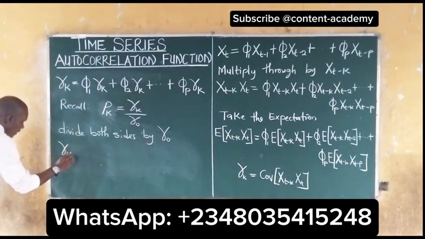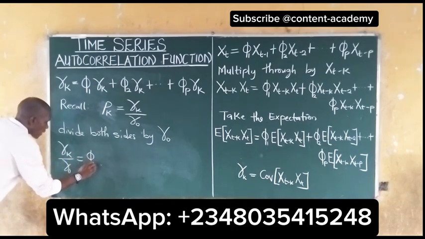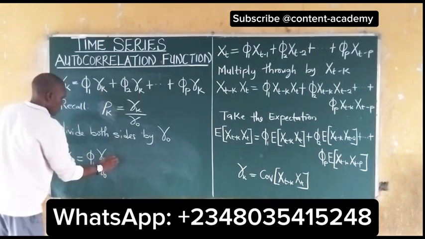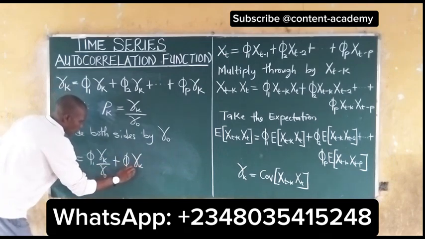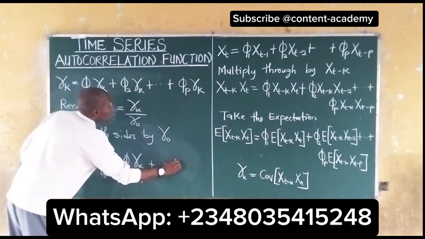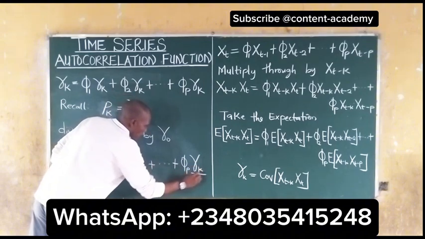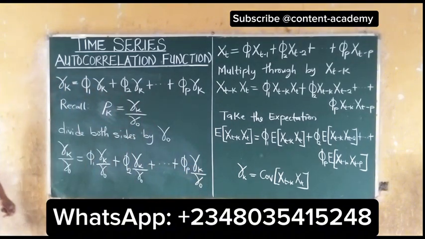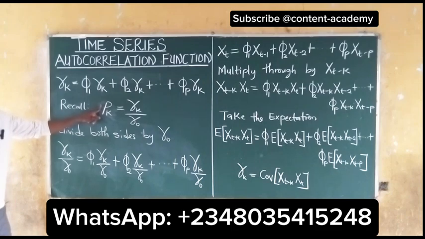We have R_k over R naught equal to phi1 R_{k-1} over R naught plus phi2 R_{k-2} over R naught, and it continues to phi_p R_{k-p} over R naught. Of course, we know that each R_k over R naught gives us our autocorrelation function.